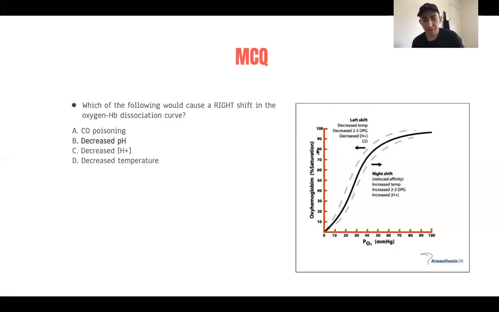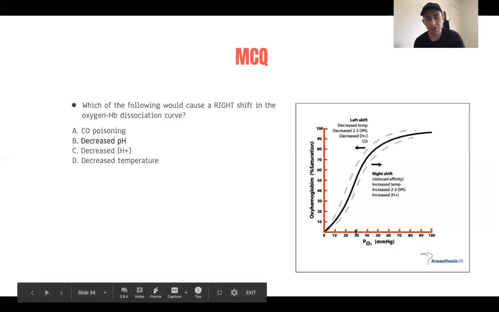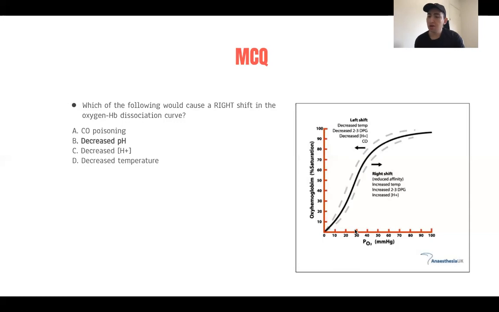So the left shift just basically means that you have a similar level of oxygen saturation, but at a lower partial pressure. Okay. What does this mean? It means that your hemoglobin is favoring oxygen. It's binding better to oxygen than it previously was. While a right shift means that it's binding worse than it usually does. Okay.